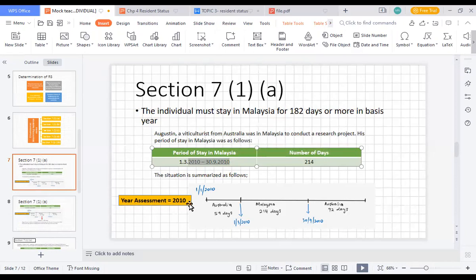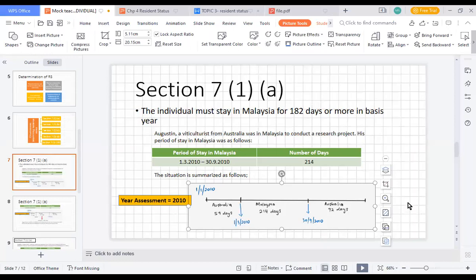This is the timeline. Augustine is staying in Malaysia for more than 240 days from 1st March, here, right? So from 1st January up to 1st March, he was still in Australia. See? You can't see it, right?